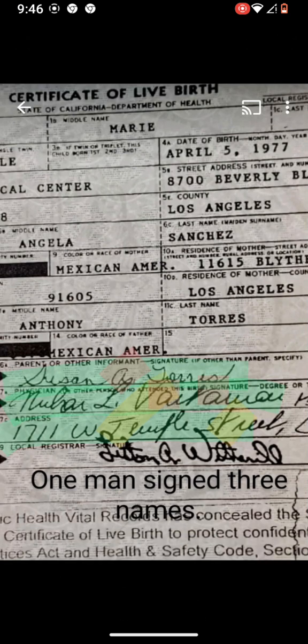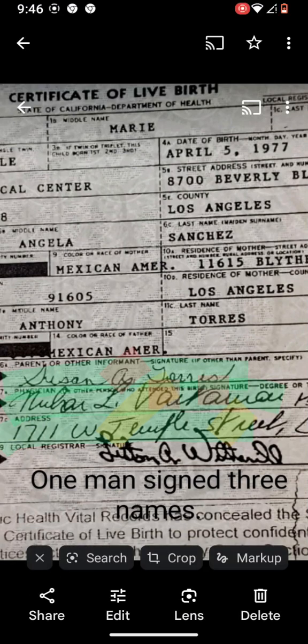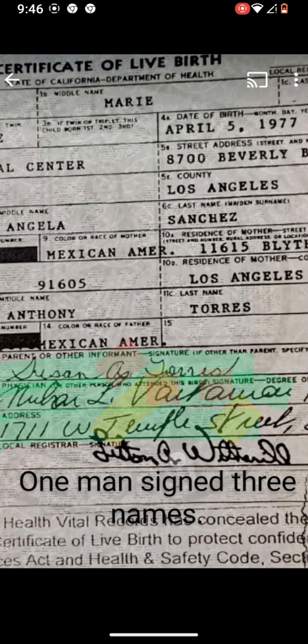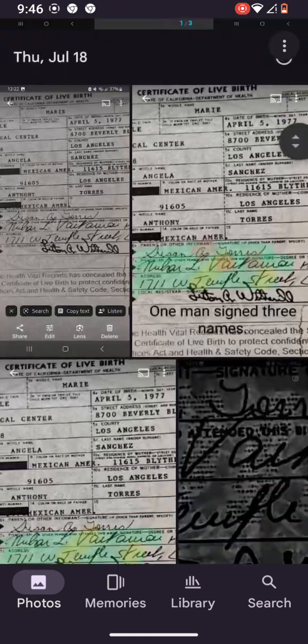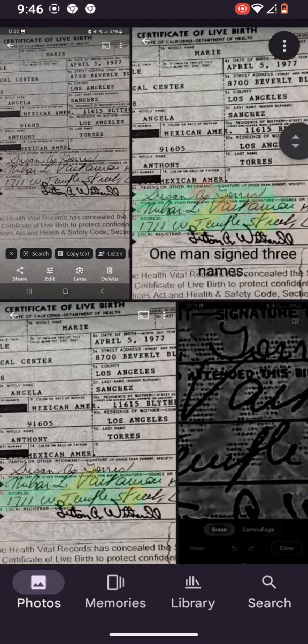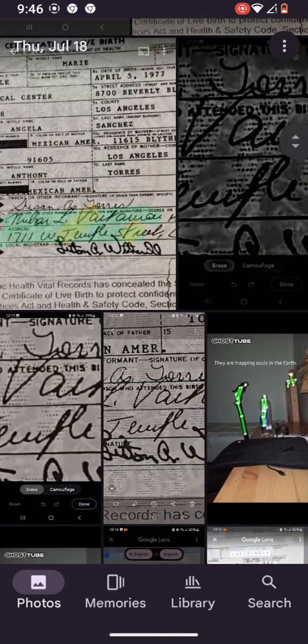The 1711, those digits are written exactly like the 10 on my marriage certificate. This here is written in the same print, the same pen as another birth certificate, this is my birth certificate. It's written like that on my marriage license or whatever.